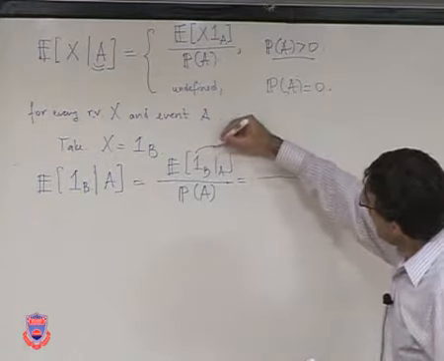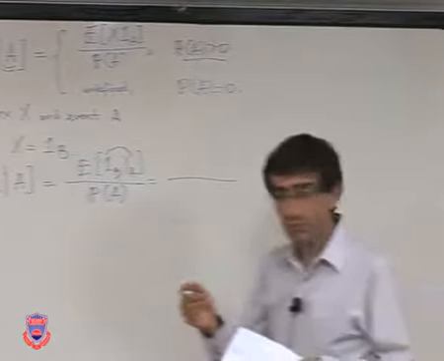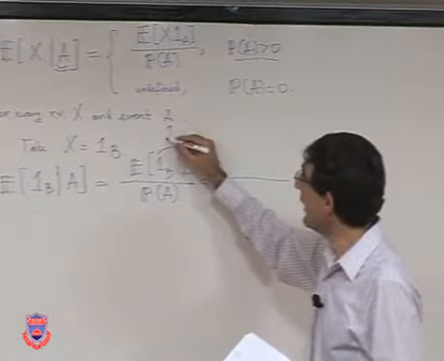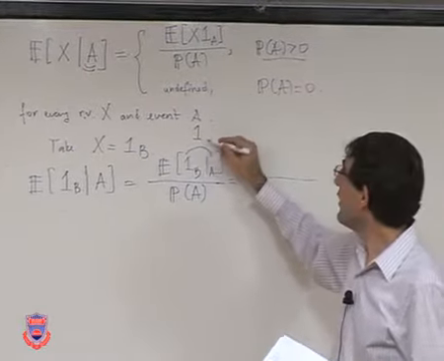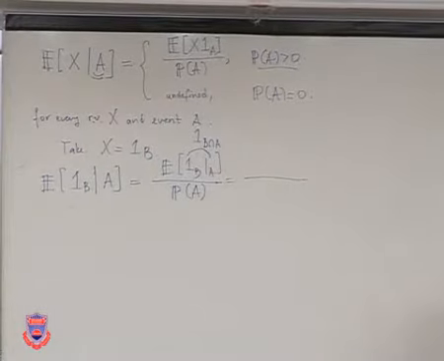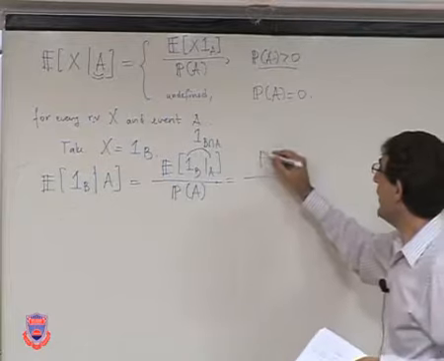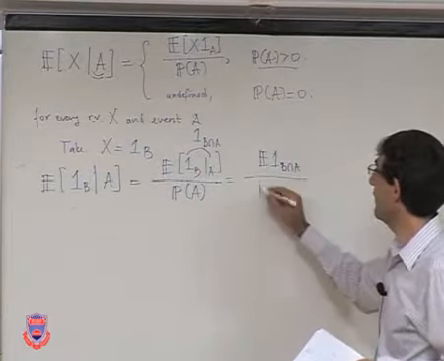But how can I rewrite this one? Two indicators multiplied with each other. What is that? This is actually one indicator of B intersection A. Exactly. And then you have the expected value of an indicator of some set.